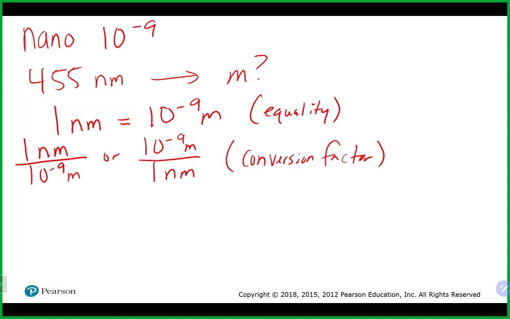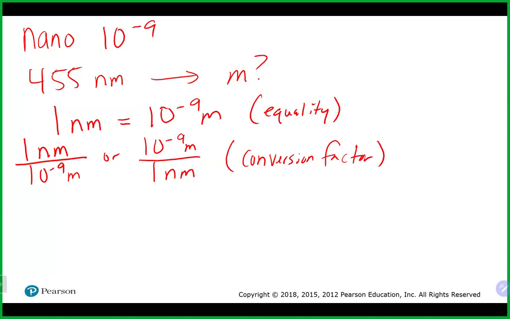The reason we use conversion factors is that when we set up problems, we do what is known as dimensional analysis. As we'll talk more about probably next time, we set it up using conversion factors so that we can see units canceling. This is the way you show your work in chemistry.